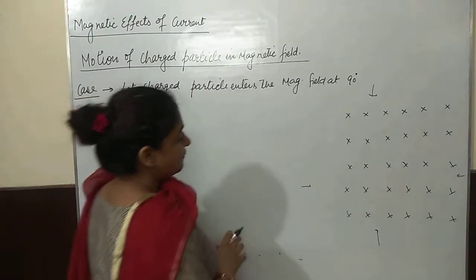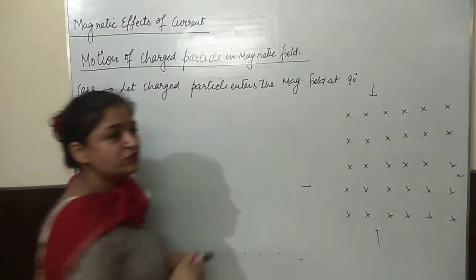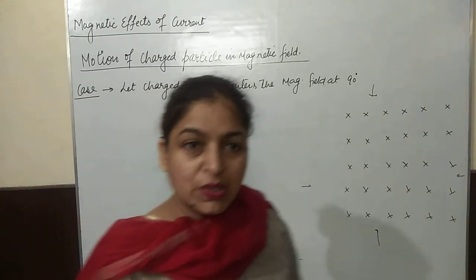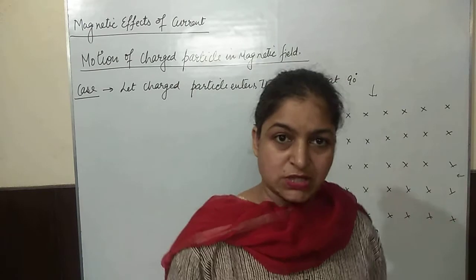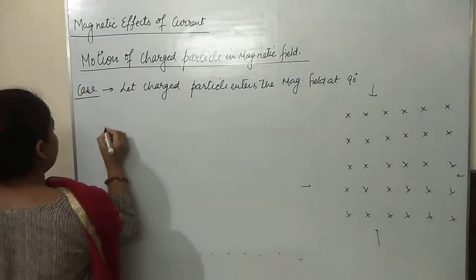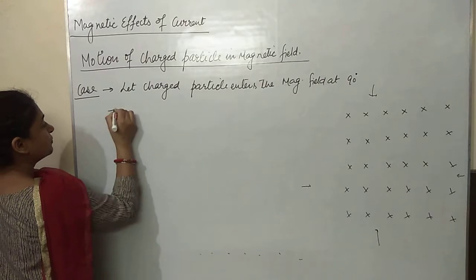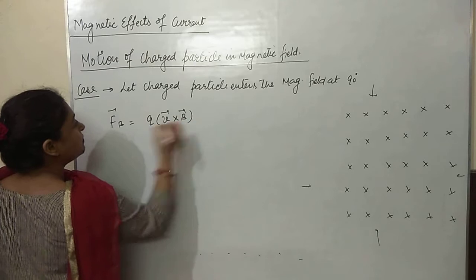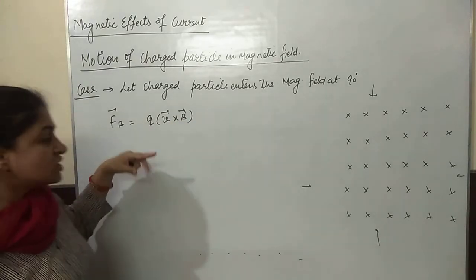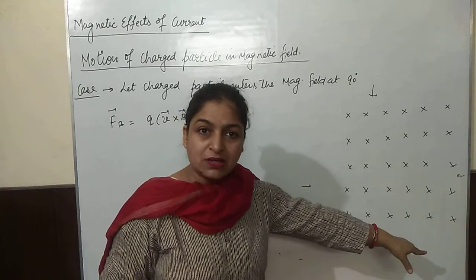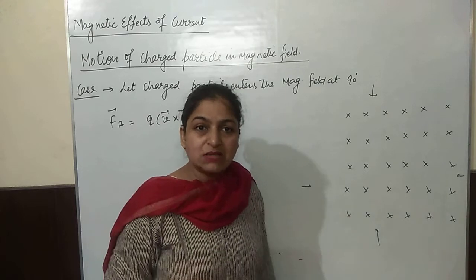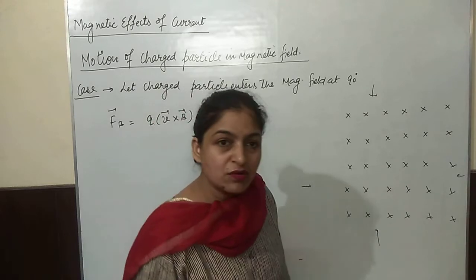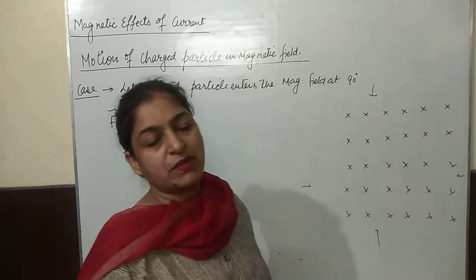If this is the situation, you need to find out the direction of the force. The direction of force will tell you the direction of deviation of the charged particle. We know that the magnetic force is Q times V cross B. Whenever the charged particle has entered the field at right angle, the maximum magnetic force would be acting on the charged particle, and we are going to find the direction of the magnetic force.